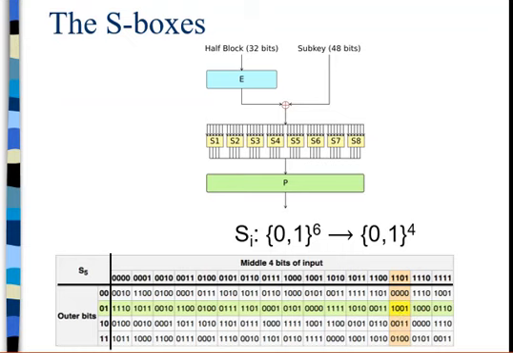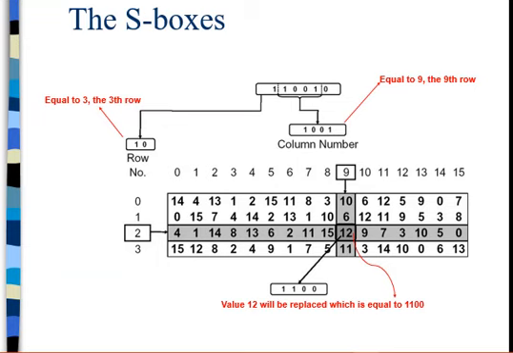Let's see a numerical example here. Consider your 6 bits are something like that, 1 1 0 0 1 0. First of all, you pick the first and the last one, which yields 1 0. 1 0 in binary is equal to 3 in decimal, which means that you need to pick your third row: first, second, third one.